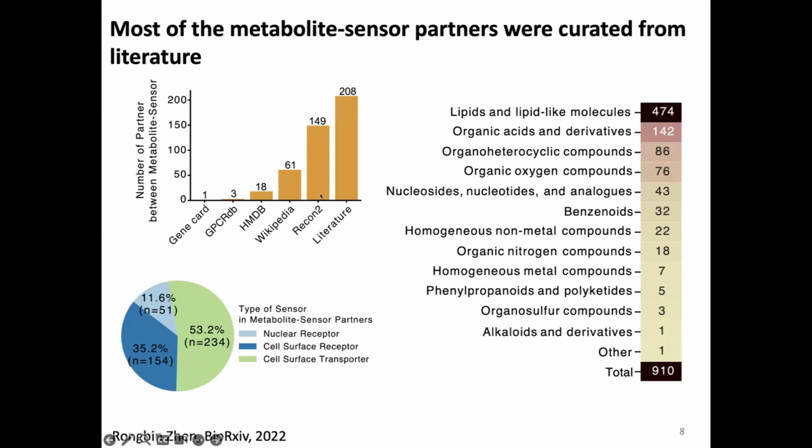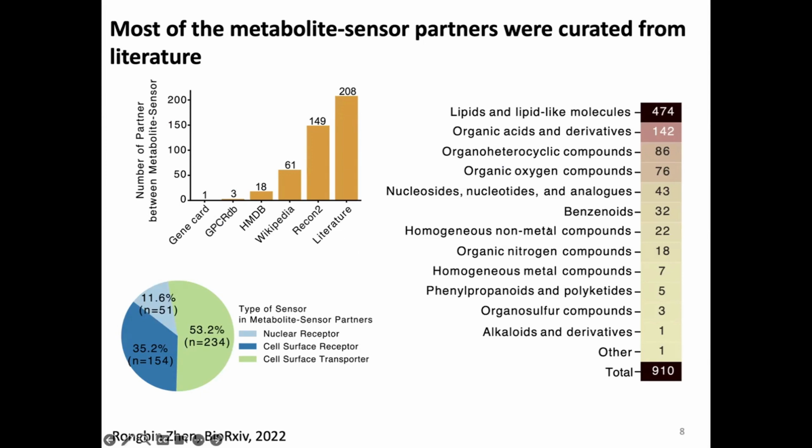If we look at those metabolite and sensor partners that Rongbin has collected, you can see most of them were collected for the first time from the literature, while a few others have been annotated in some databases, such as the Recon2 database, and some from Wikipedia and so on. But for all these partners, Rongbin and the other team members ensured that they have been referenced in reliable references.